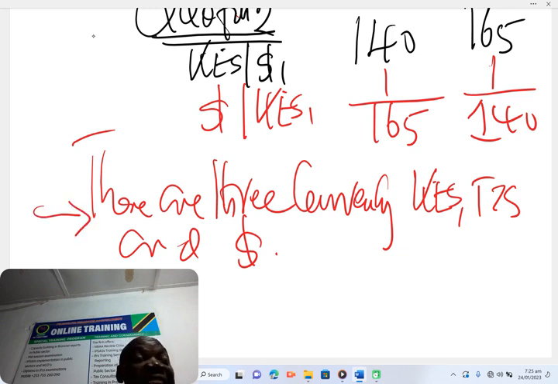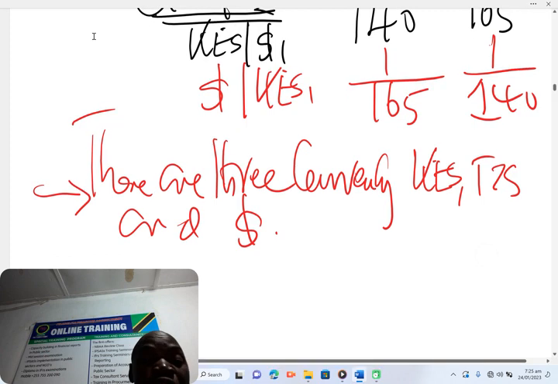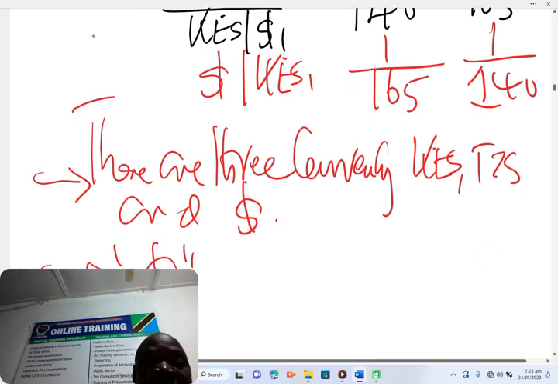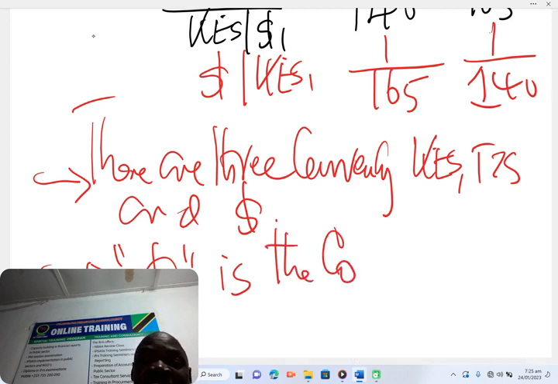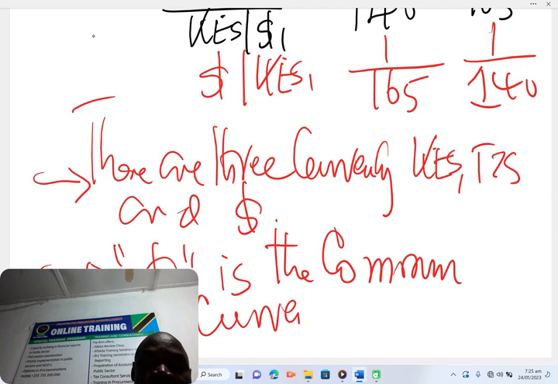That is well seen. Number 2, the next statement we're saying dollar is the what? Common currency. Now, what is the formula in order to get the two-way quotation?